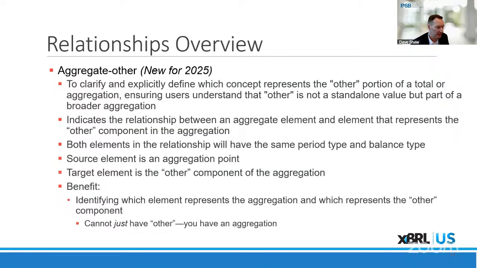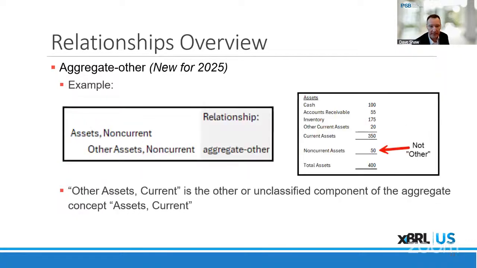So I have an example to illustrate that. On the left, you can see we have this aggregate other relationship between assets non-current and other assets non-current. So that is the other component of that aggregation. On the right-hand side, we have a partial balance sheet. When you see current assets, it's broken down into its component parts, which include the last line of other current assets for 20.